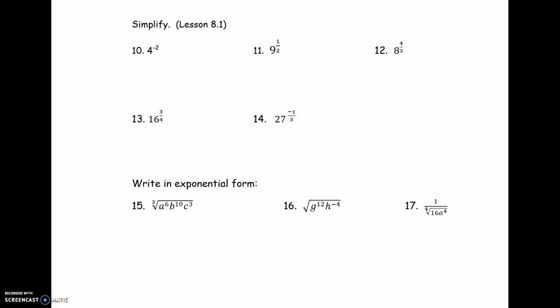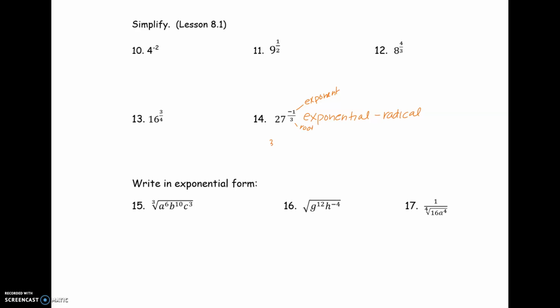Number 14 says 27 to the negative 1/3 power. To simplify it, this is in exponential form. I'm going to turn it into radical form and possibly simplify it from there. This is my exponent when I put it in radical form. This is my root.